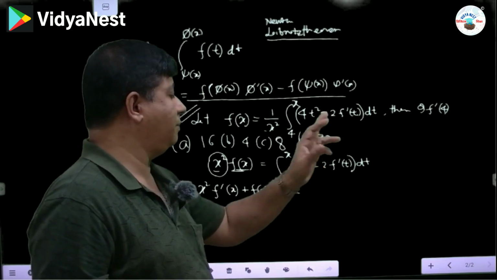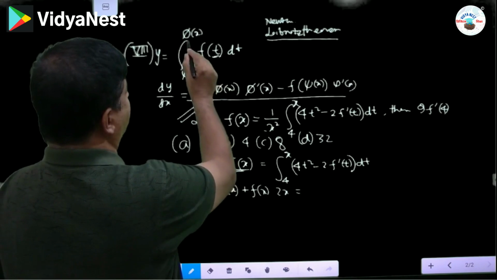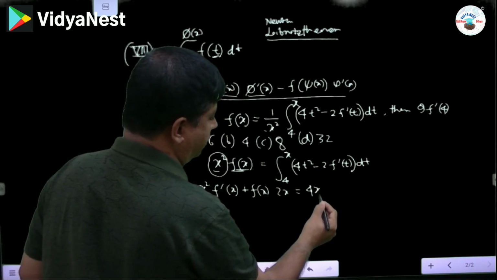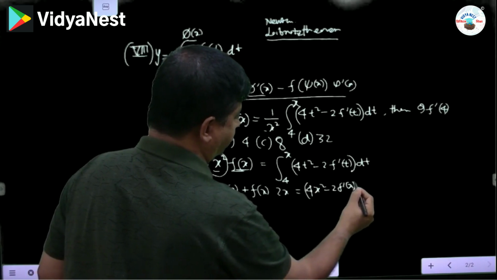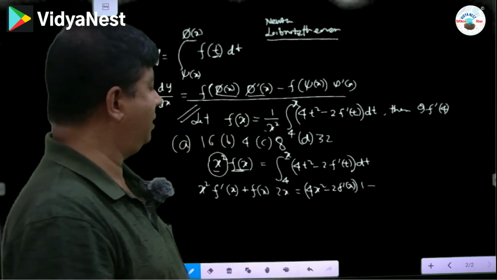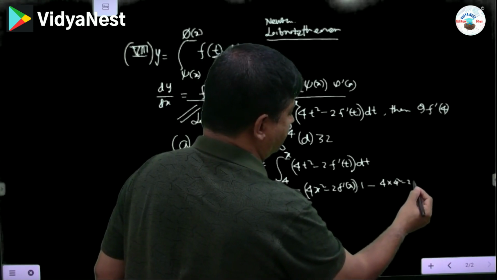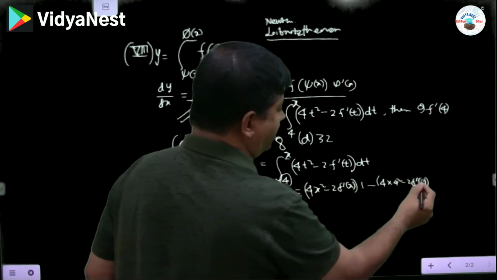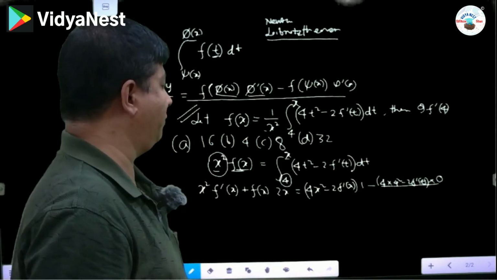Now you put the upper limit first. According to the Newton-Leibniz theorem, in place of t, we put upper limit and upper limit differentiation. 4 x's differentiation is 1. Now I will put lower limit. And lower limit's differentiation is 0. So it will terminate. This part will nullify it.